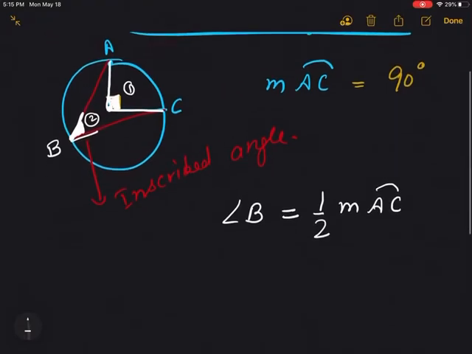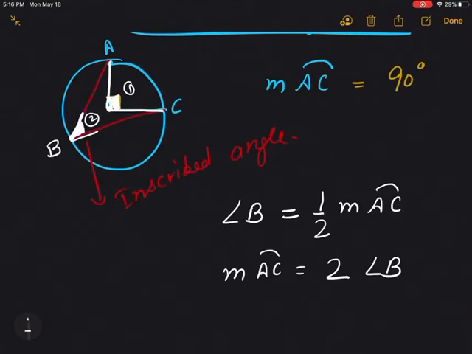Or you could say it the other way around: the arc measure would always be twice angle B. Keep in mind, the inscribed angle, which sits on the edge of the circle, is always less than the arc measure. The exact measurement is always half of that arc measure. So that's what an inscribed angle is.